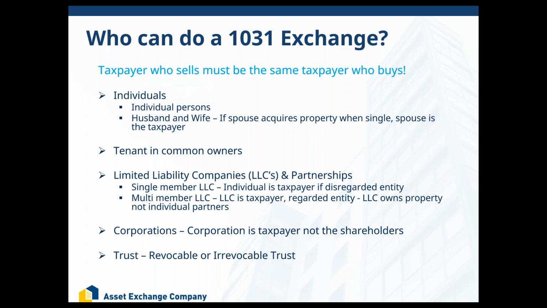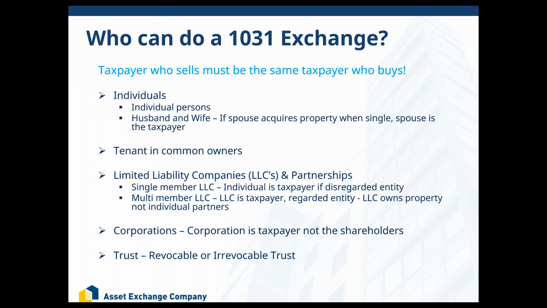So with a 1031 exchange, if you own an investment property as an individual and you sell that in a 1031 exchange, you have the option to purchase the replacement property in your name as an individual, or you could buy the replacement property in your disregarded entity, your disregarded LLC. Because again, it's all considered one and the same for tax purposes. Sometimes we even see this with investors.